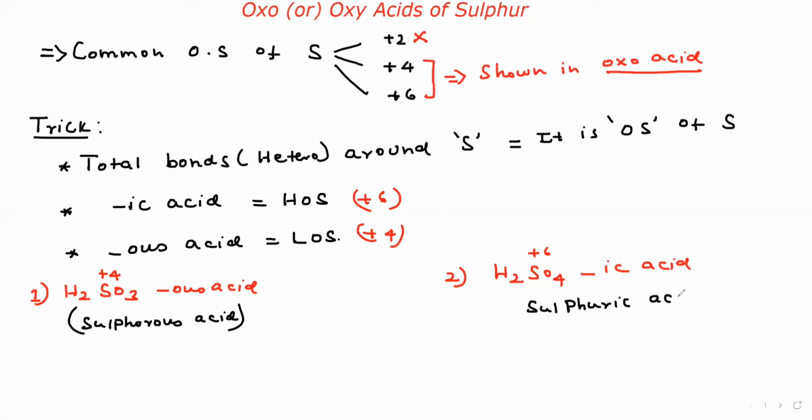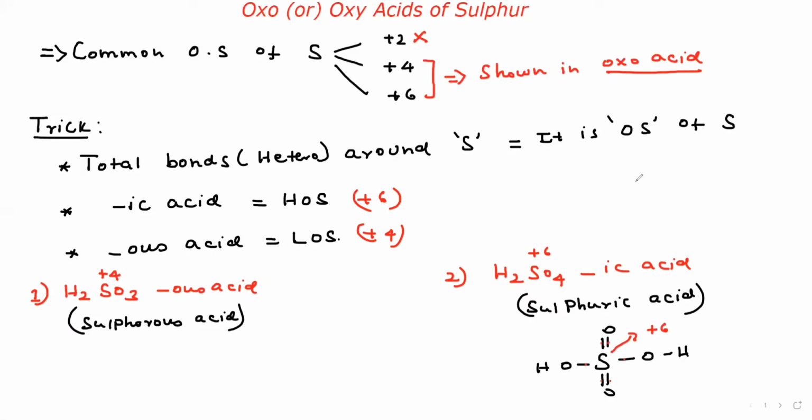Simple. Now what is the structure? Sulfuric acid: S double bond O and double bond O, then OH and OH. Now how many hetero atoms surround the sulfur atom? 1, 2, 3, 4, 5, 6. Therefore sulfur is in the +6 state.